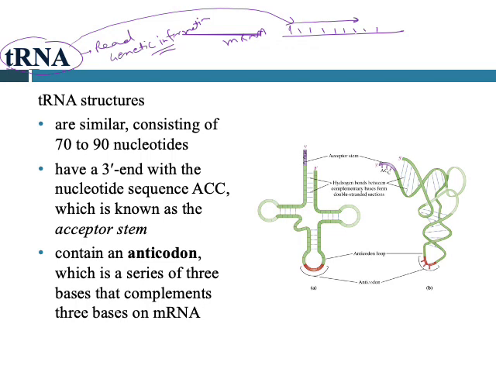This tRNA has a special area called the anticodon over here, which is a series of 3 bases that complement 3 bases on mRNA. So this is the area that helps to bind with mRNA, means they are complementary to the mRNA, so this tRNA molecule binds to the mRNA molecule because of the presence of the anticodon, right? So make sure you know, if I say anticodon, it is present on the tRNA.